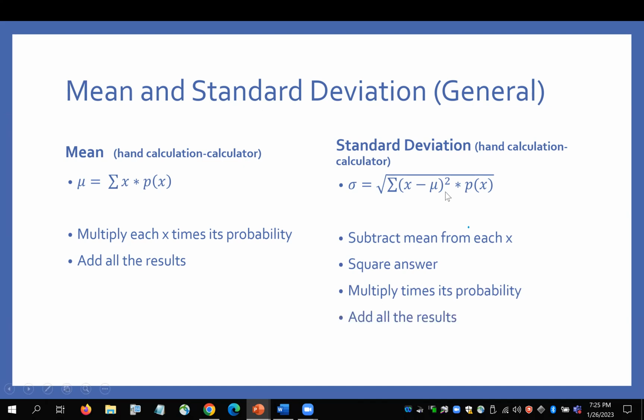Okay, I'm following order of operations. I take each individual outcome, subtract the mean, square it, multiply it times its probability, and then add them up, and finally take the square root. Now we're going to do this in a minute, but you kind of need the formulas beforehand.